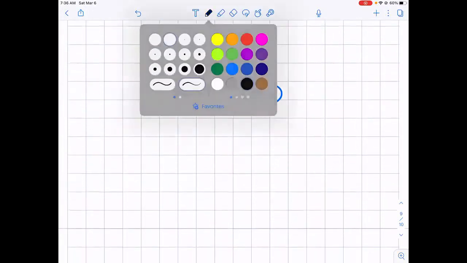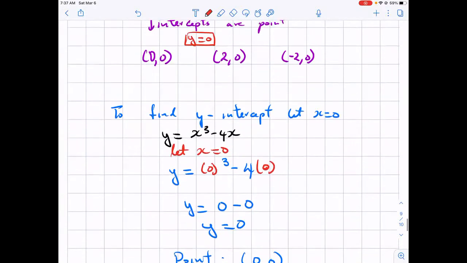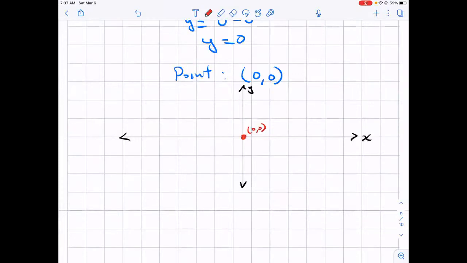So if you put those points, if that's the x, and let's say somewhere here is y, we now have 0, 0, this is the point 0, 0, and our x-intercepts, we had 2, 0 and minus 2, 0.